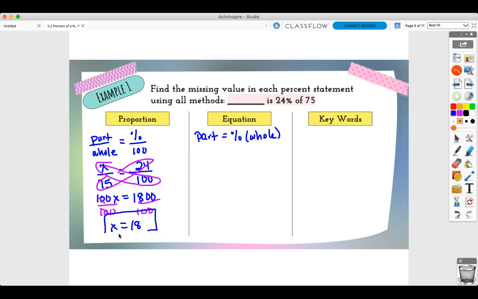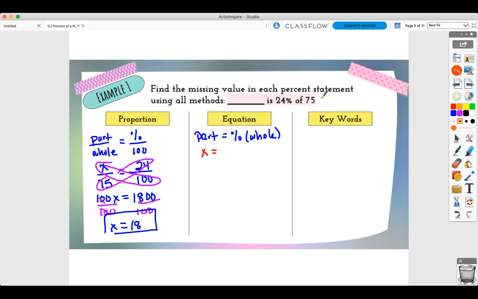Now let's do it the other two methods to get to the same place. So for part equals percent times whole, you're actually just going to input numbers here to make this statement. Our part here is what we're trying to find. x is equal to 24%. And this is up to you. You can write this as you guys just did, converting between percents, fractions, and decimals.